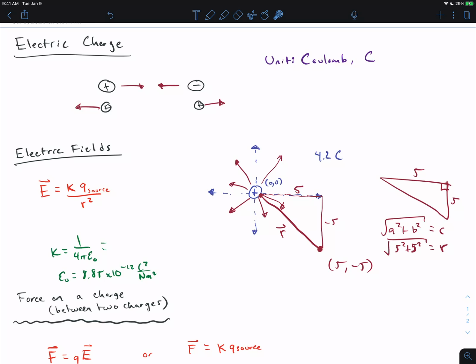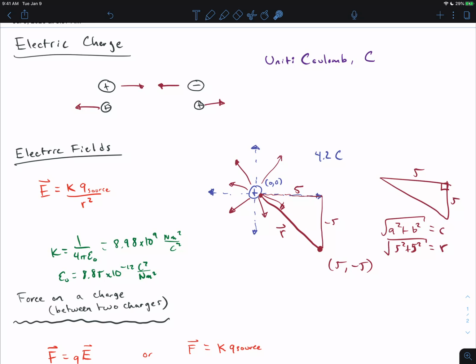We're going to use this as 8.98 times 10 to the 9, and the units will be Newton meters squared per coulomb squared.